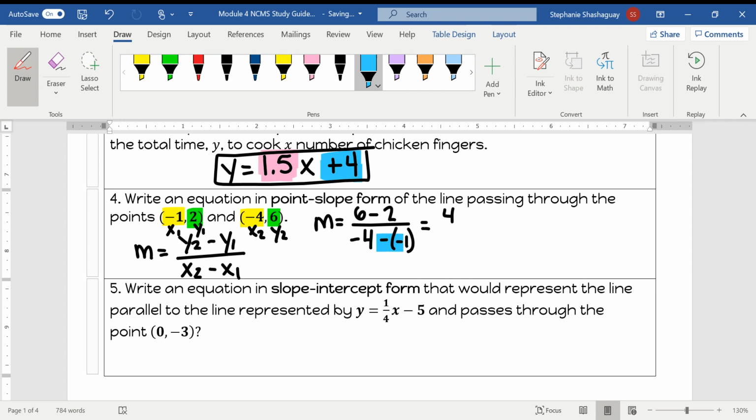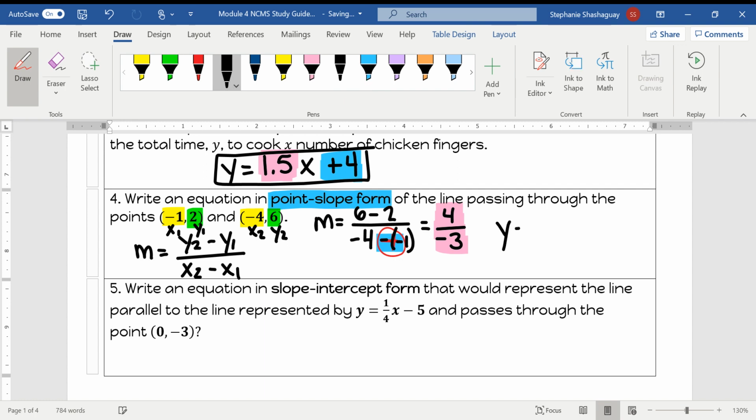Again, here I have double negatives. So when I subtract a negative, I'm really going to add. So -4 plus 1 is going to be a -3. So my slope is -4/3. Then I'm going to use one of these 2 points to write the equation in point-slope form.